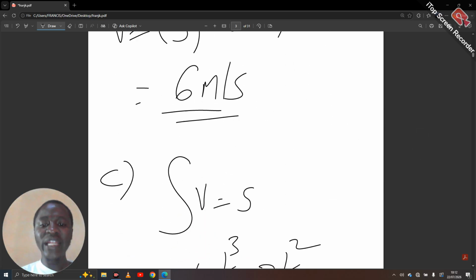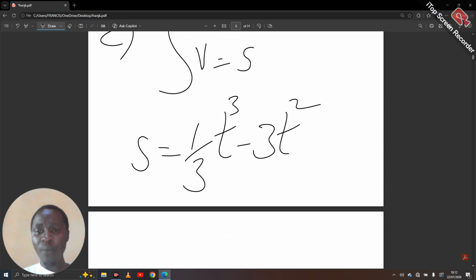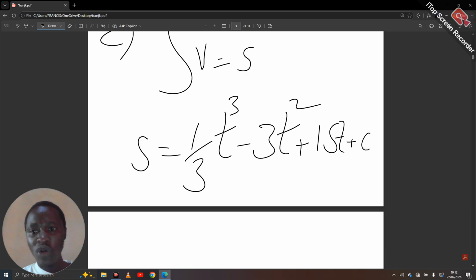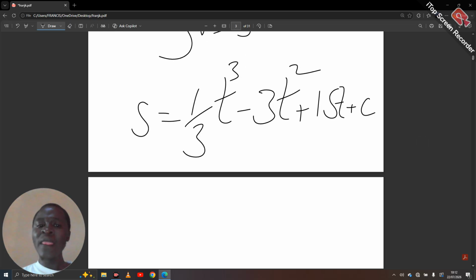So that is where the 3t squared is coming from. Now plus 15 what? 15t. Remember, you are integrating. Do not forget what the formula is directing: the addition of c, the addition of the constant. And this is what an examiner requires. And that is the answer.